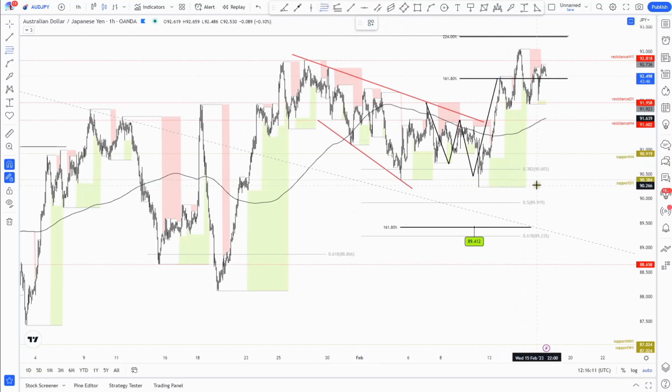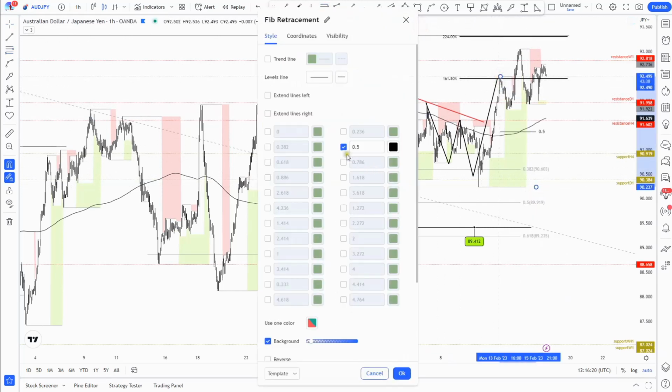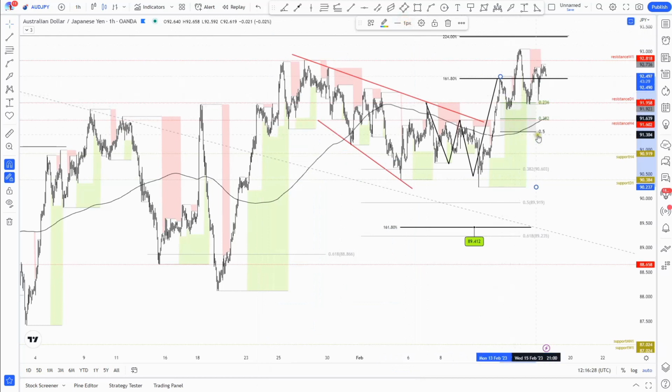We can measure that, probably not even the 38% Fibonacci level. So not enough for the bearish shark pattern that usually trades the 50% Fib.